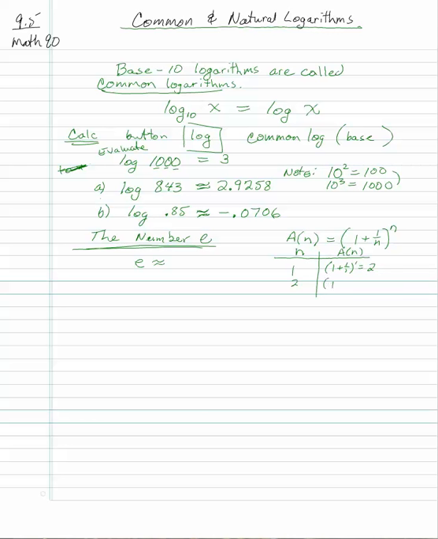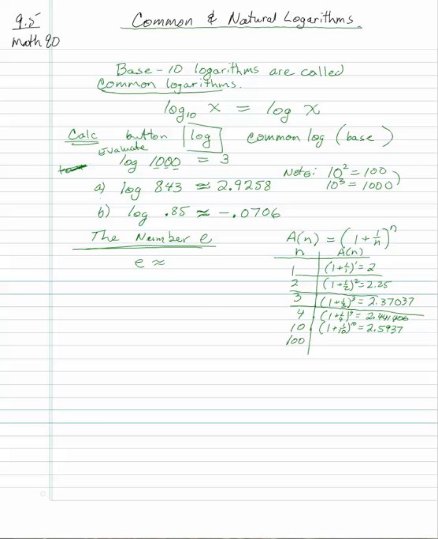Then n equals 2: (1 plus 1 over 2) to the 2, and you'd get 2.25. Then 3: (1 plus 1/3) to the third would be about 2.37. Then 4: (1 plus 1/4) to the fourth.